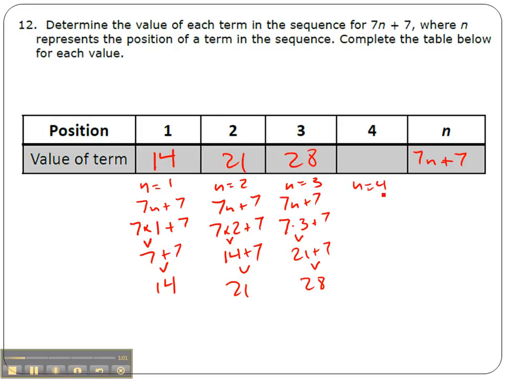N equals 4, 7n plus 7 would be 7 times 4 plus 7. 7 times 4 is 28, and 28 plus 7 is 35. You can see that it's increasing by 7 each time, plus 7, plus 7, plus 7, which we would expect with this term 7 times n.